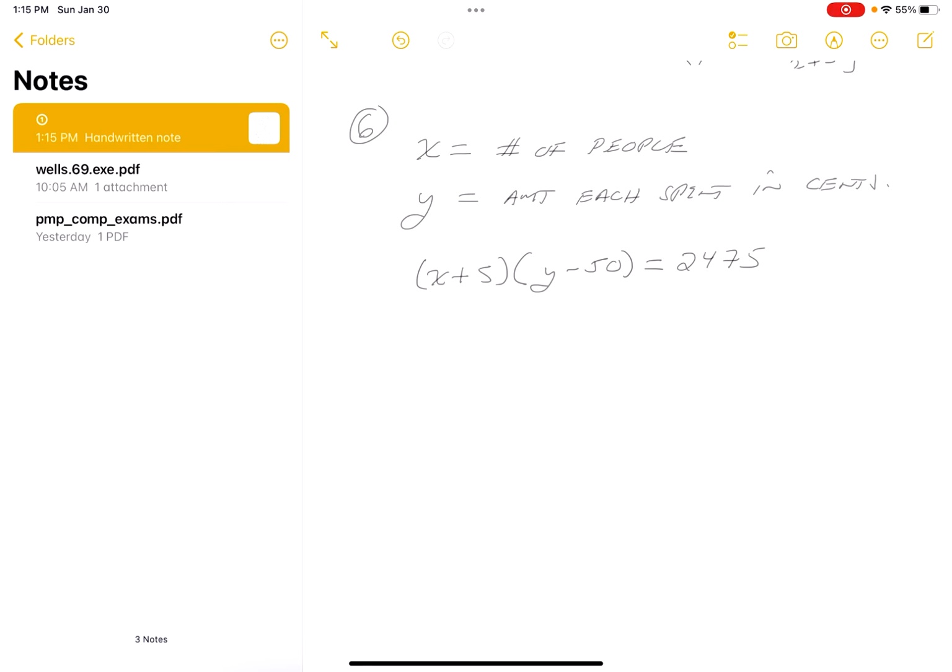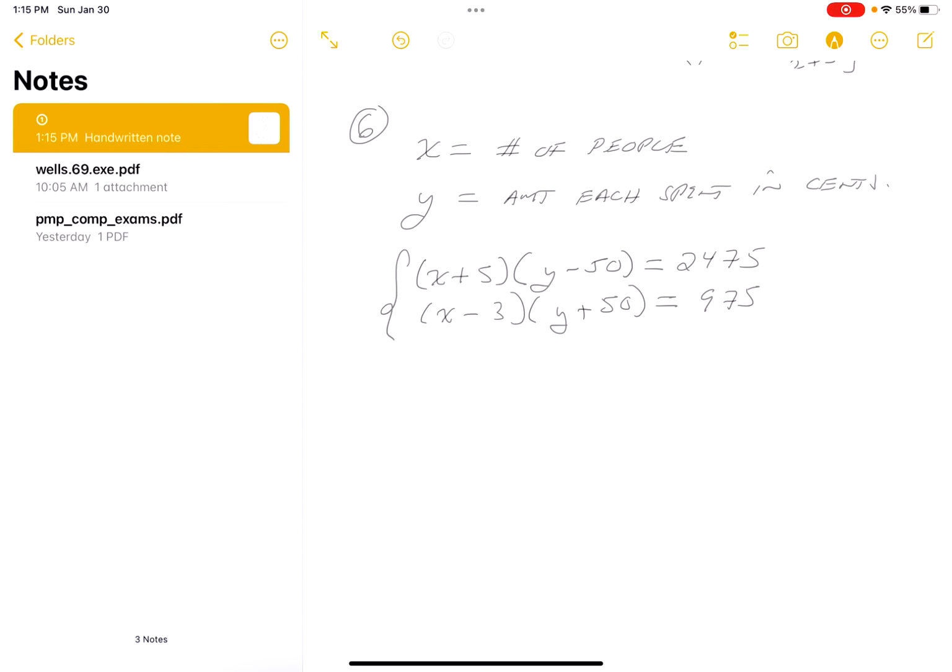Had there been 3 less, and each had spent 50 cents more, the bill would have been $9.75. But in cents, it's 975 cents, right?